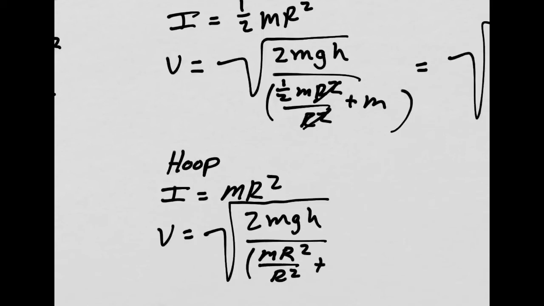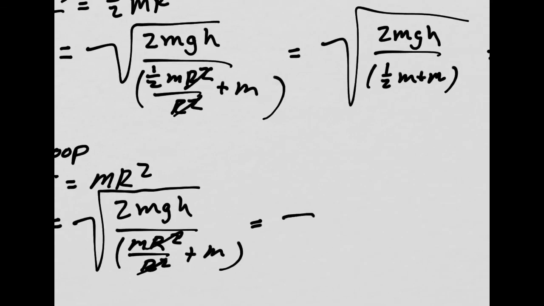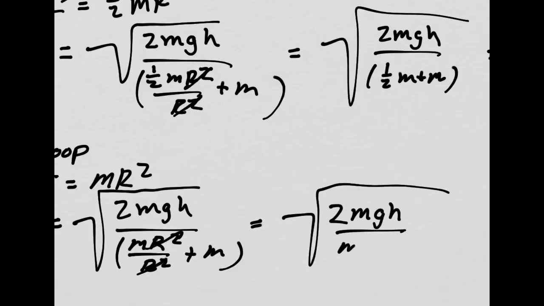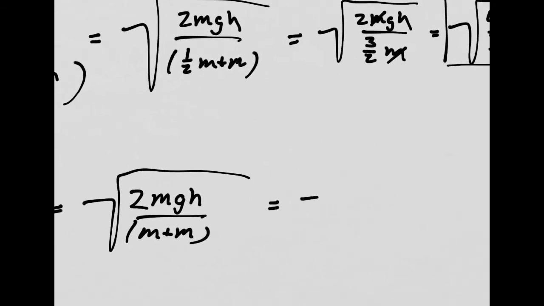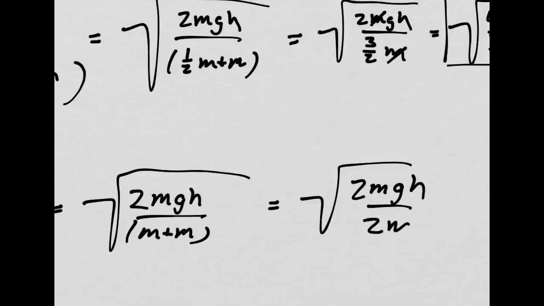So that gives us our r squareds cancel. Square root of 2mgh over m plus m, which is the square root of 2mgh over 2m. The 2's and the m's cancel, and we get the square root of gh.